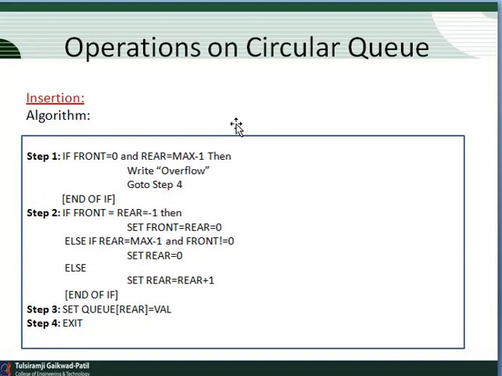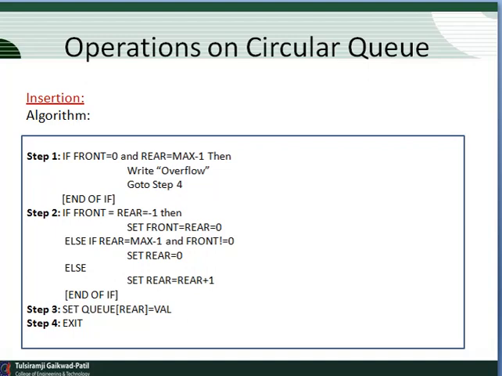The algorithm is given over here. In step 1, if front is equal to 0 and rear is equal to maximum minus 1, then the queue will overflow, exactly as we have already seen in the linear queue. Then go to step 4. Step 4 is exit.